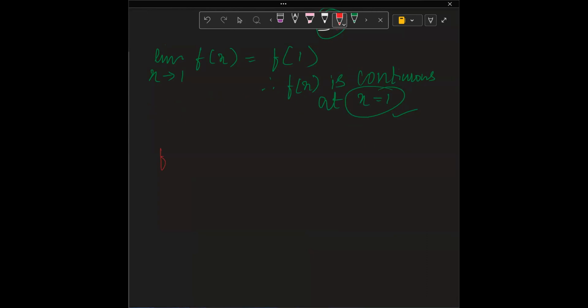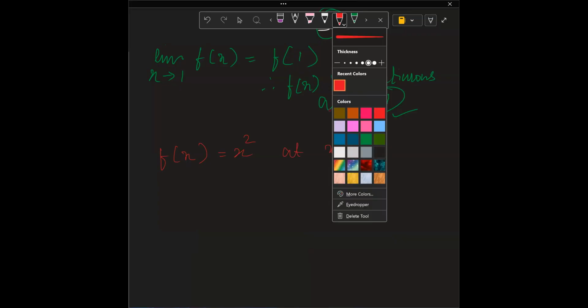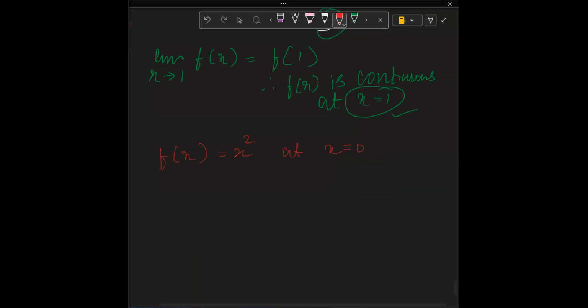Now quickly check the continuity of this function, x square, at x equals 0. Check the continuity and tell me whether this function is continuous or not, quickly. Okay, sir.